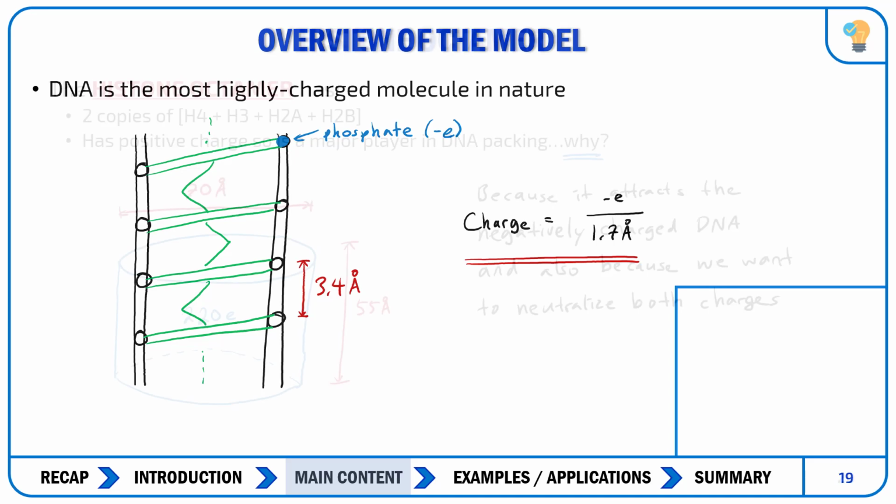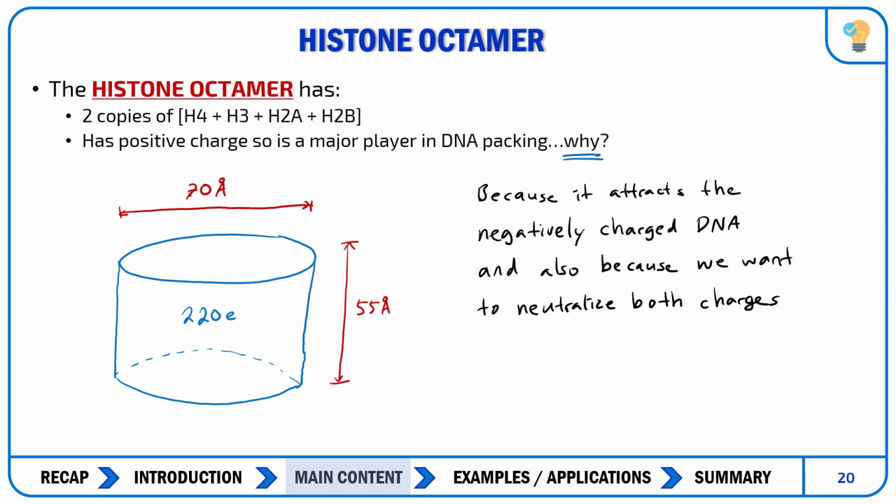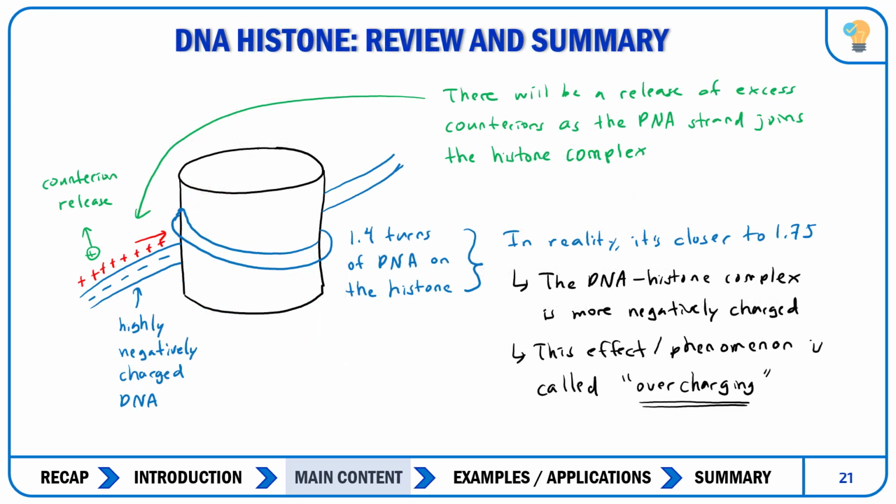So when we introduce the histone octamer, which is positively charged, it's going to attract the DNA. And when the DNA is attracted, we have highly negatively charged DNA with a whole bunch of counter ions attached to it or close to it, and as the DNA wraps around the histone, it's going to release the counter ions because the positive charge from the histone will replace the effect of those counter ions.